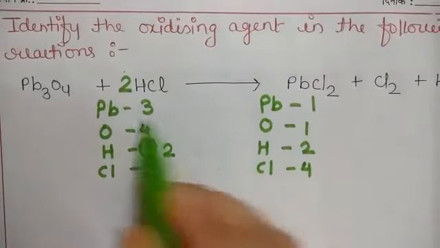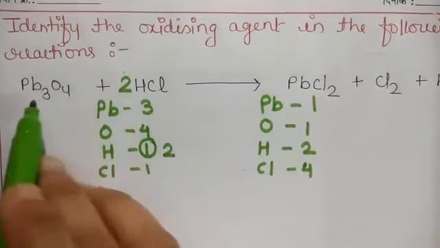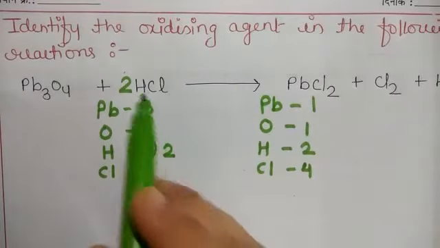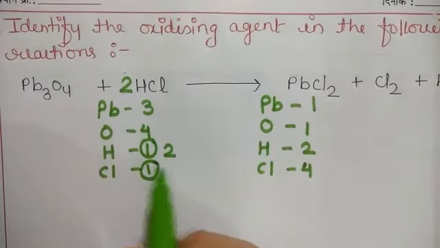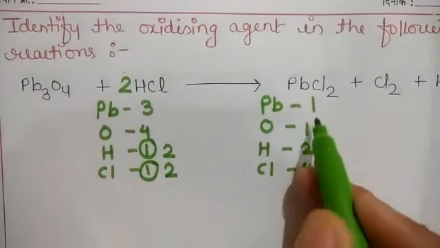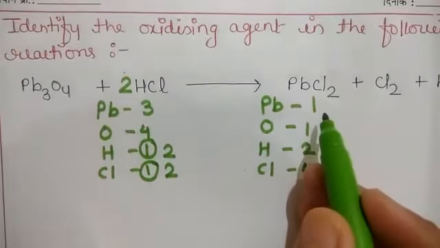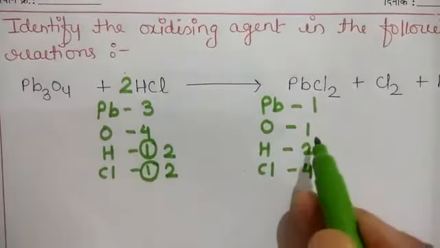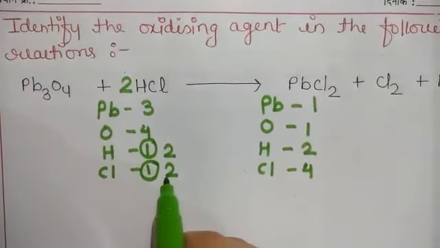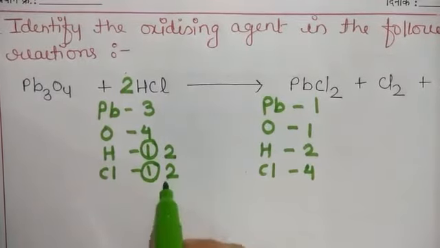Again you have to check the balancing of the whole reaction. Pb is 3, oxygen is 4, hydrogen is 2 and chloride now becomes 2. So now again you have to do balancing. This side lead is 3, but this side it is 1, oxygen 4, this side 1. Here it is 2 and 2, no issue. But here again we will check the minimum value, 2 and 4.